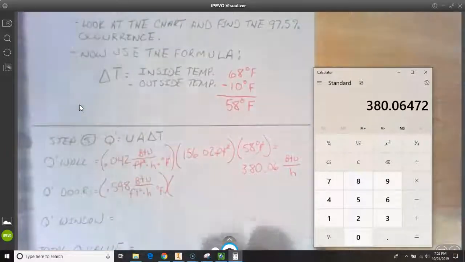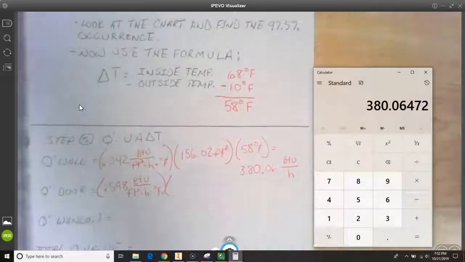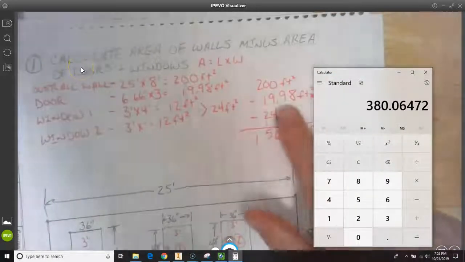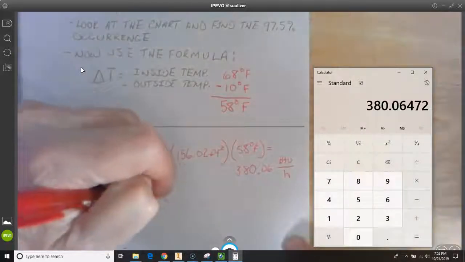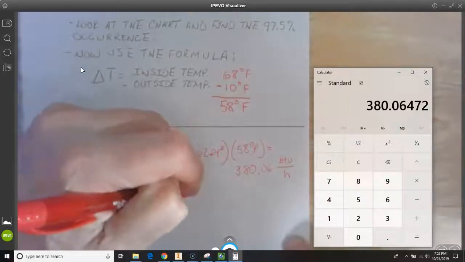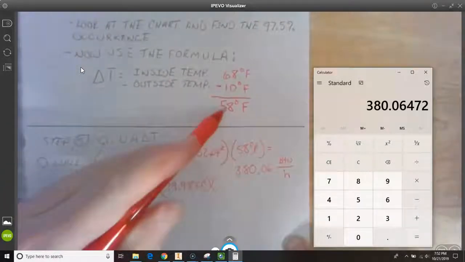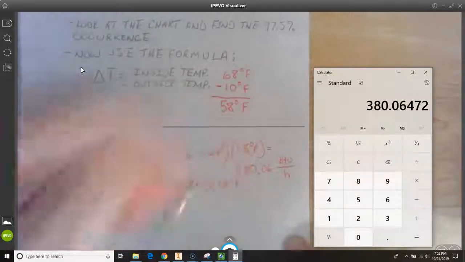And that's going to get multiplied times the square footage, and the square footage for the door right here is 19.98 feet squared. So times 19.98 feet squared, close parentheses, times our delta T, which is this value right here, times 58 degrees Fahrenheit, close parentheses.